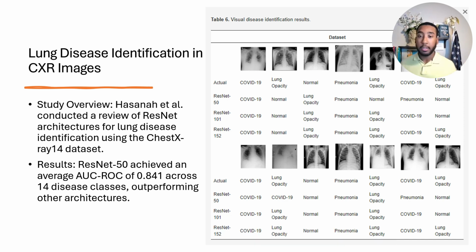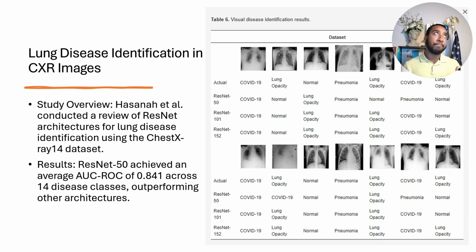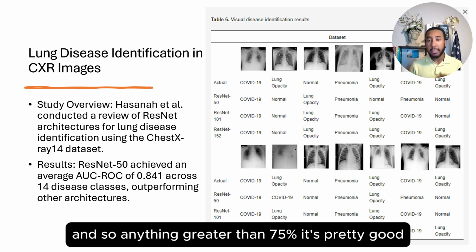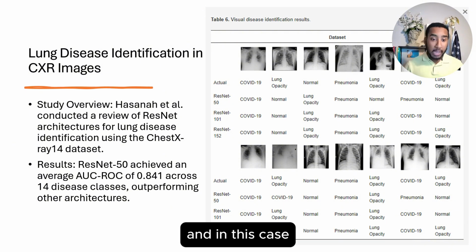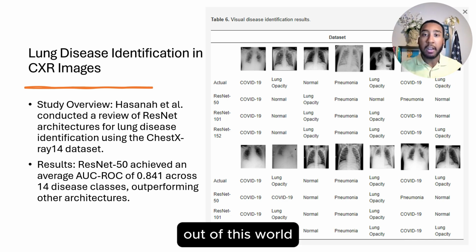In other words, it's the measure of performance of the model. Anything greater than 75% is pretty good, and in this case, Hassana and the researchers got 84%, which is out of this world.